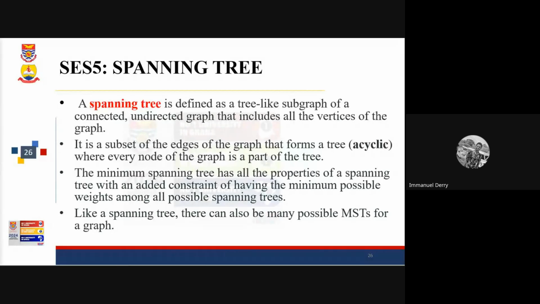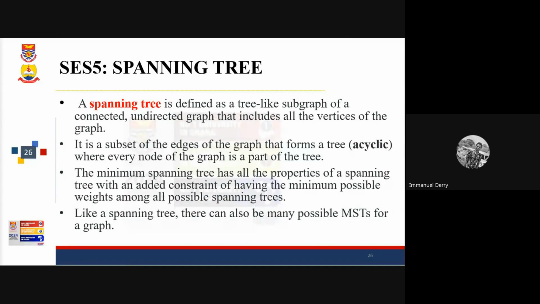So a spanning tree is defined as a tree-like subgraph of a connected, undirected graph that includes all vertices of the graph. You have to notice this. A connected graph and all the vertices of the graph must be included in a spanning tree. And then we could say that it is a subset of the edges of the graph that forms a tree.